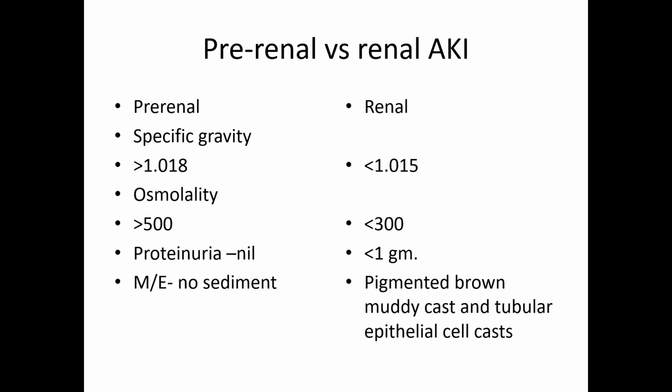Or if the patient has acute interstitial nephritis leading to AKI, there can be WBC casts. Those patients with nephritic illness can have dysmorphic RBCs or RBC casts. So that way, by examining the urine, you can comment whether this patient is in pre-renal AKI or renal AKI.